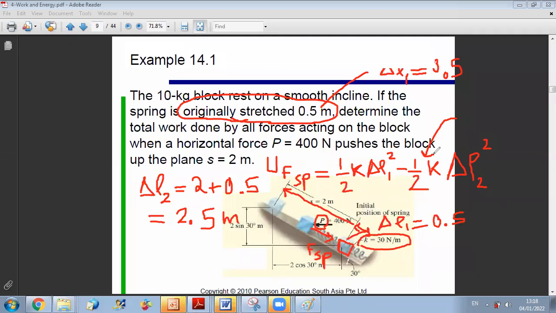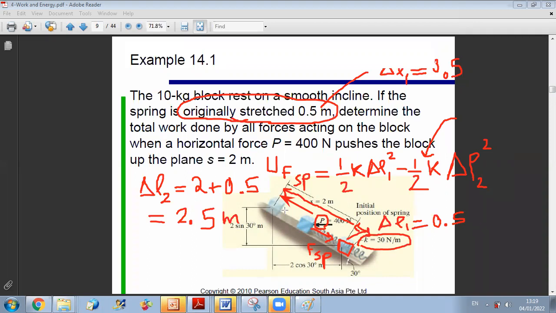Because when you are increasing the stretching, the spring will do on you a force in the opposite direction. So this will lead to a negative work because you are trying to move up while the spring is trying to push you down, okay? And you are increasing the stretching. If you were decreasing the stretching, meaning if you move in the downward direction, then the work will be positive. Okay, but since you are moving up, then the spring is opposing your motion and it will do a negative work.